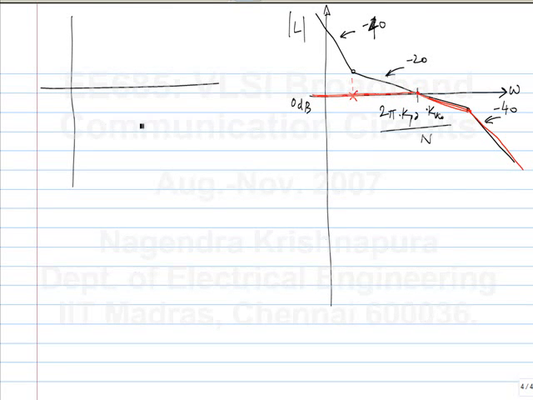Let's say I have two systems with different loop gains. One of the loop gains is this. The other loop gain is this. Okay. Both have 20 dB per decade slope when they cross 0. I mean, they are identical after that. But one of them has a 0. Okay. An additional 0. What will be the closed loop transfer function?